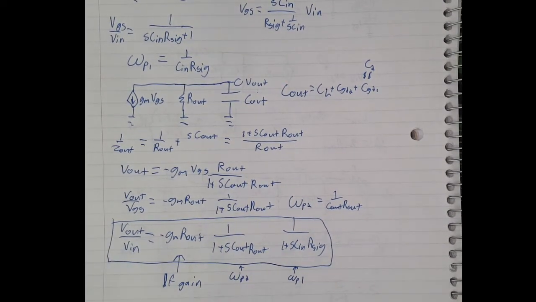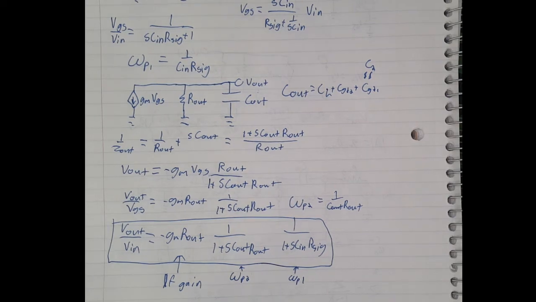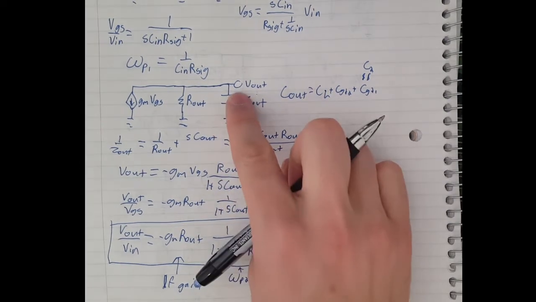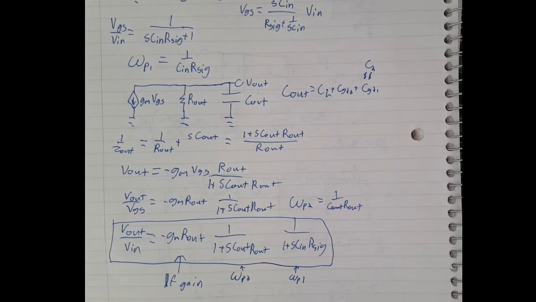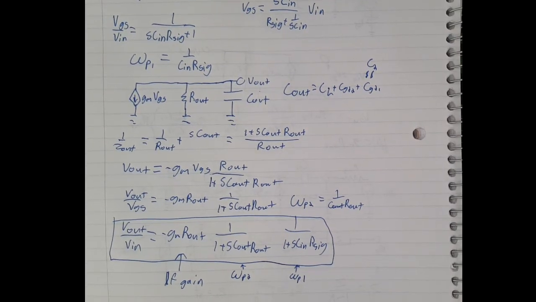Now technically there should be a 0 in this as well, but because we did node pole here, we're ignoring it, and we can justify this because we'll go back to what we had before.